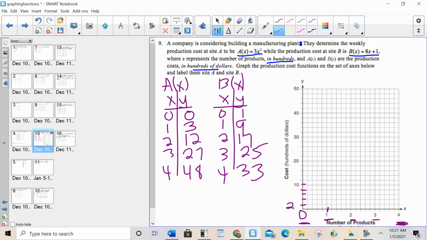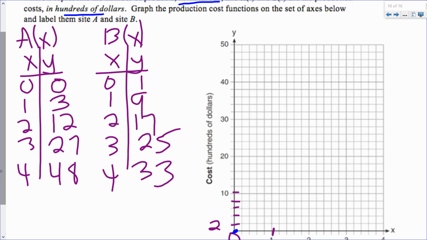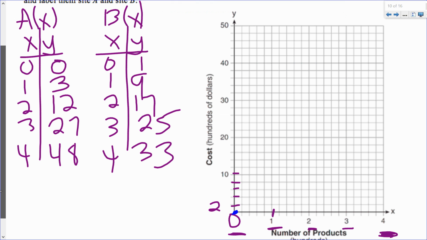So I'm going to start with A of X. I'll do A of X in blue. 0, 0, that one's pretty easy. I'm going to make this bigger so it'll make it a little bit easier for me to graph. 1, 3. So 1 on the x-axis, and then 3 is between 2 and 4, so it would be right there. 2, 12, 3, 27, 4, 48.